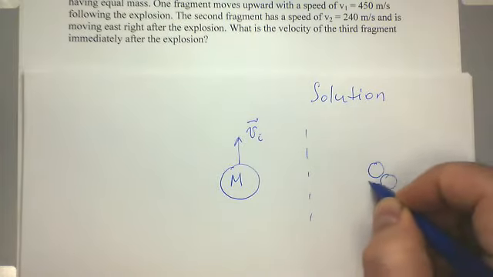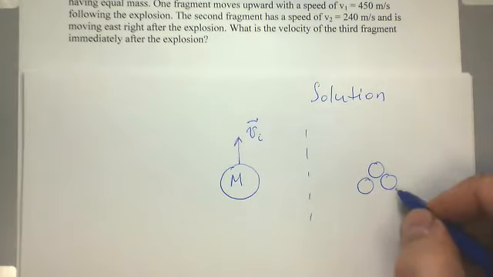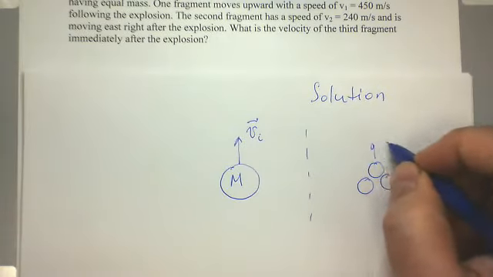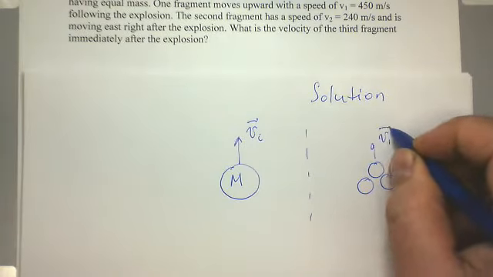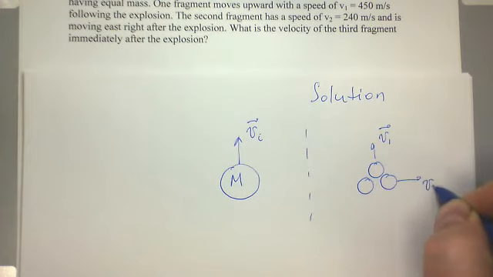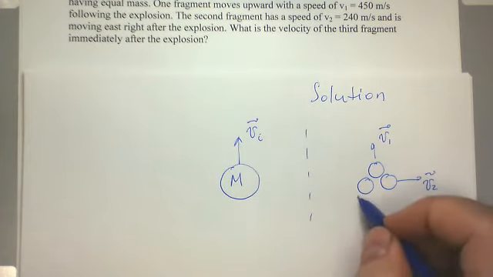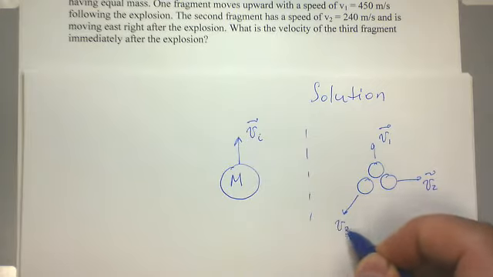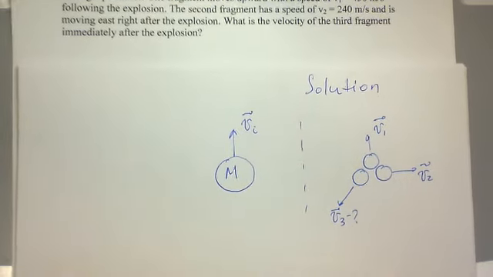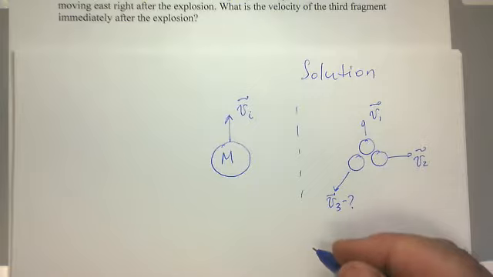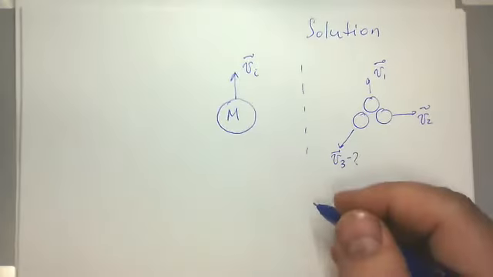First piece, second piece, and third piece, and they have the same masses. This guy is moving upward, as given in the problem. This guy is moving to the right with some velocity, and we need to find this vector, the velocity of the third piece.